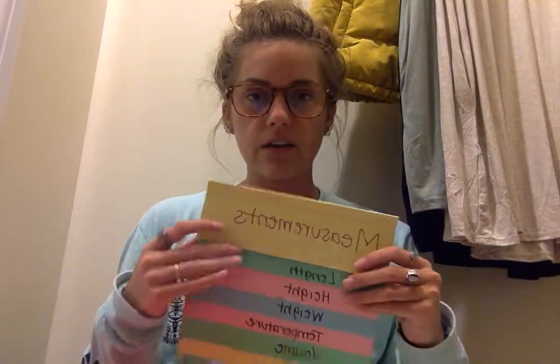They will have the definition already written for them, and then I will have different pictures for them to glue on, so they can look through this the whole unit when we're learning about measurements: height, weight, length, temperature, volume, and time. They're also able to draw things, and as they keep going they can add on to it, but this will be one of the first things that we do.